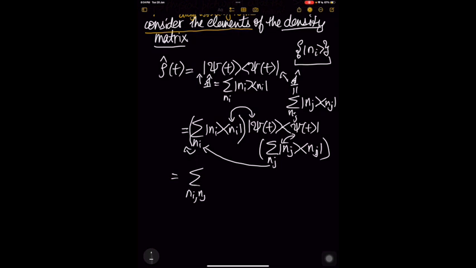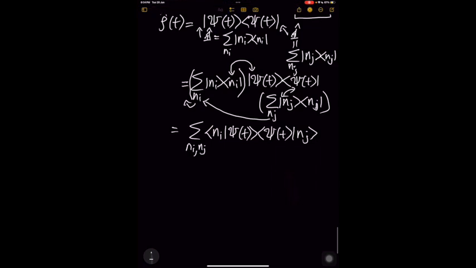Sum over n sub i, n sub j, but since this is a scalar, the resultant inner product, I'll pull it out to the front of the summation. Ket n sub i, ket psi of t, bra psi of t, n sub j. So what is left? Ket n sub i, bra n sub j.